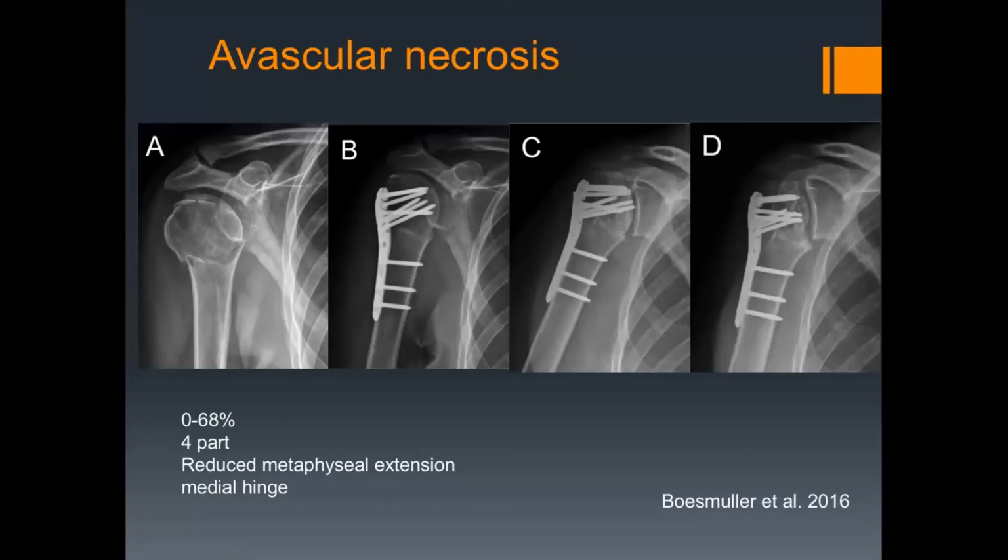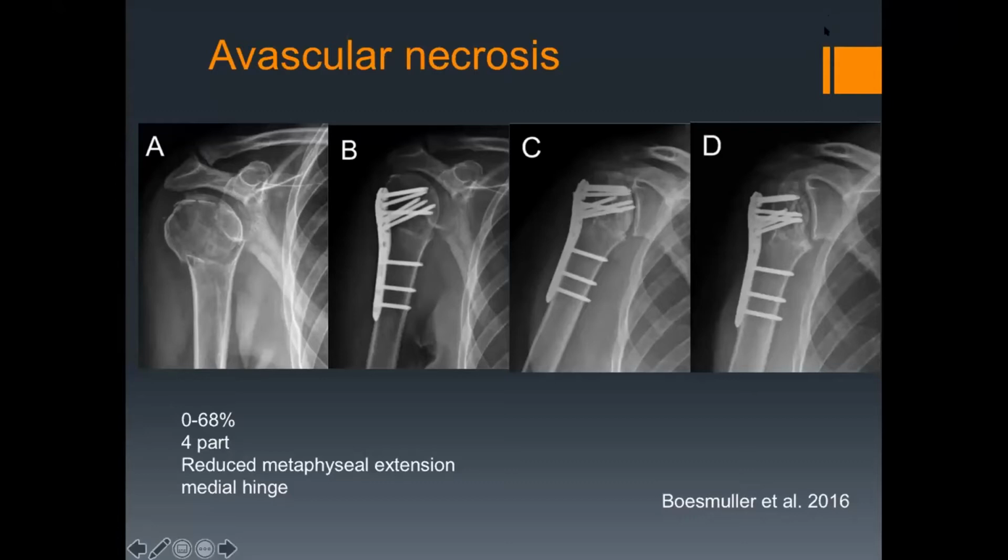So if you look at the anatomical neck on that medial side, how much metaphyseal attachment there is, if it's more than about 8 millimeters, then that's quite suggestive that they won't go on to AVN, or less than 8 millimeters that they will. And that was considered a really good predictor of humeral head ischemia. Things like displacement and number of parts didn't have huge relevance to it. So that's the one thing.